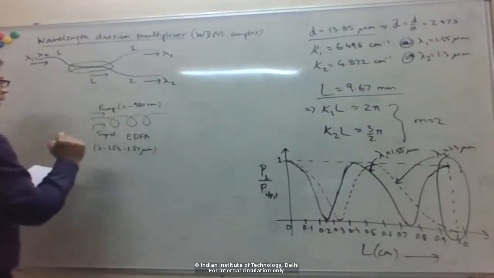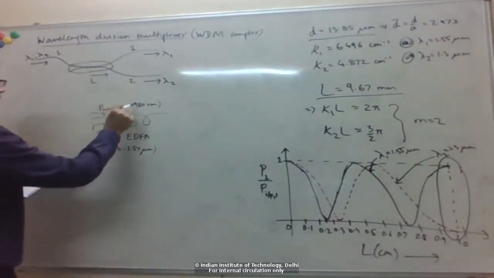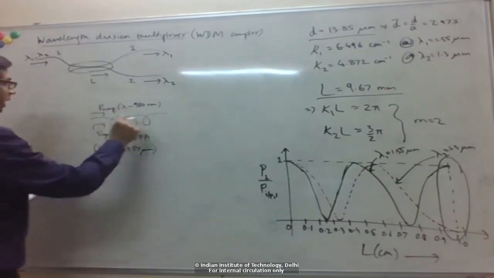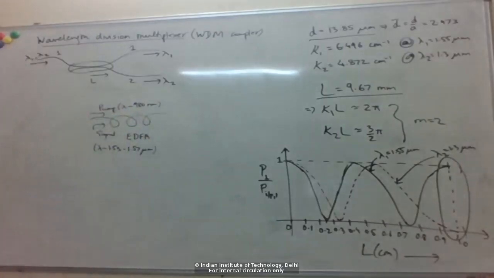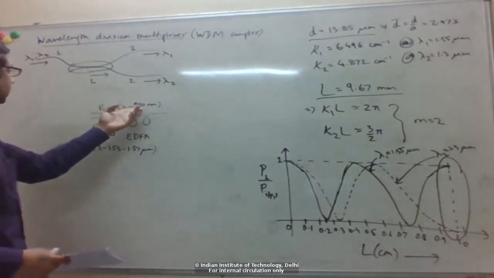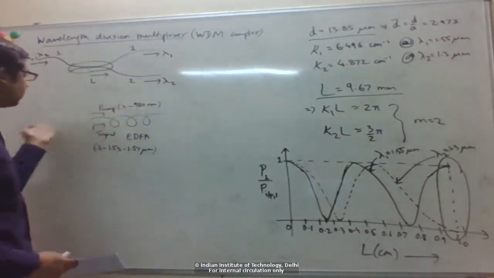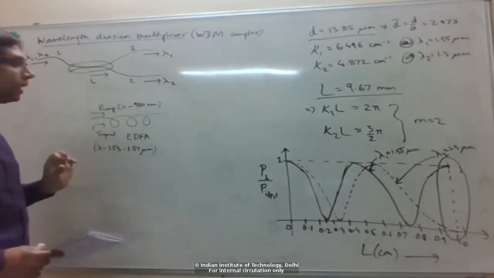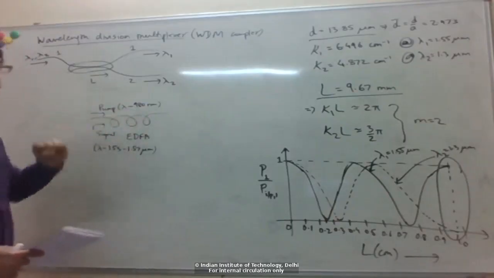And these two signals are co-propagating in the fiber, and due to this strong pump at 980 nanometer, this signal is getting amplified. Of course, this will be some different laser, and this would be some signal traveling through some fiber. So we need to combine them into this erbium doped fiber.